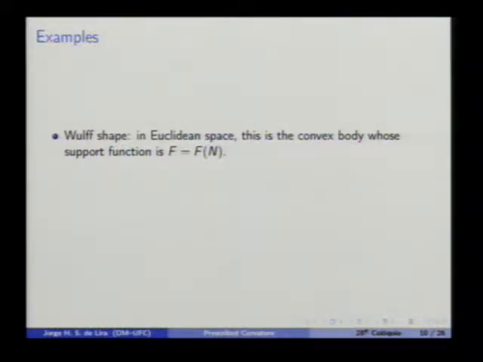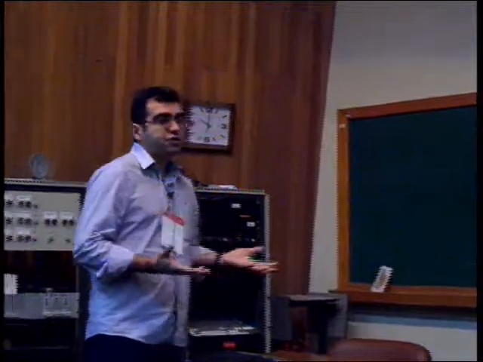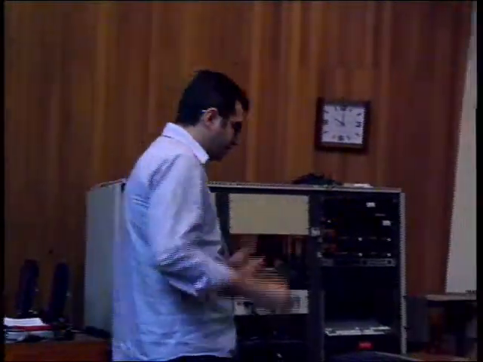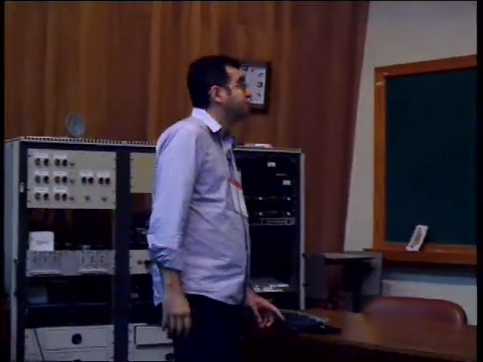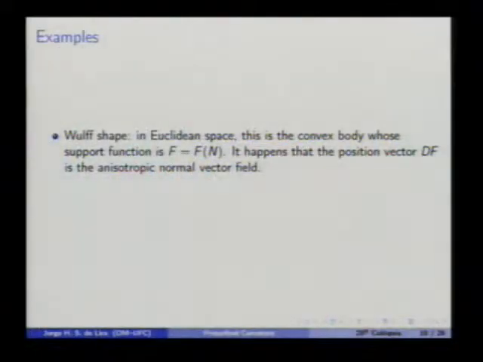The classical example of solutions for it, in the case of Euclidean space, are the Wulff shapes. The Wulff shapes are convex bodies, convex hypersurfaces, which play the role of spheres in this theory. Instead of the sphere, consider this kind of ellipsoid, a convex hypersurface, which is constructed by a very geometric device. You just consider the convex body generated by F. F is the support function which defines this convex body.